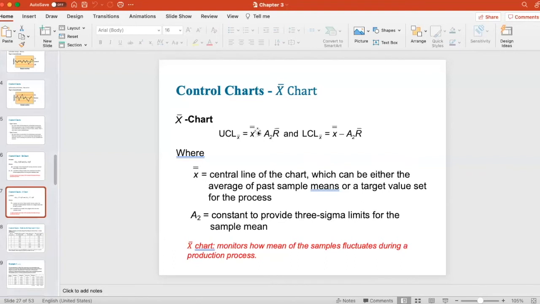It still has the R bar within this equation. Another thing is the coefficient A2, which is also provided by the statistical table. As I said, if we use the table to calculate UCL and LCL for the X bar chart, we will provide it to you within the exam.